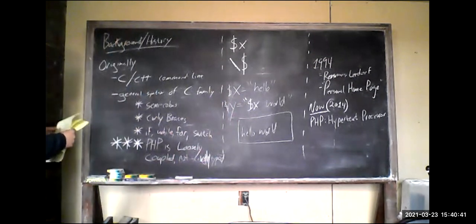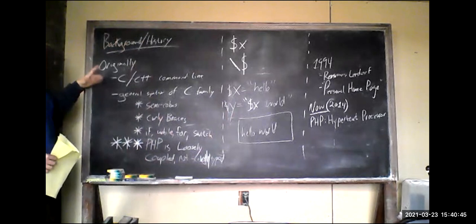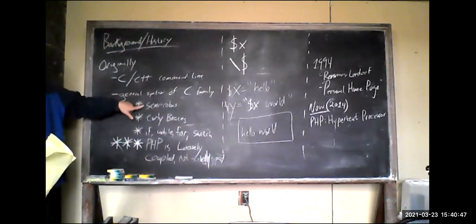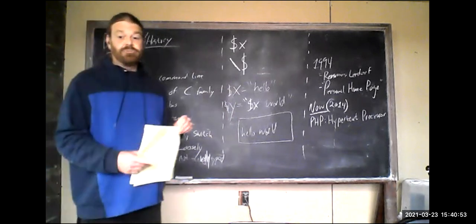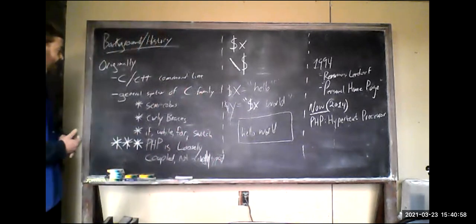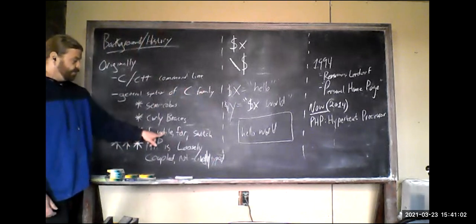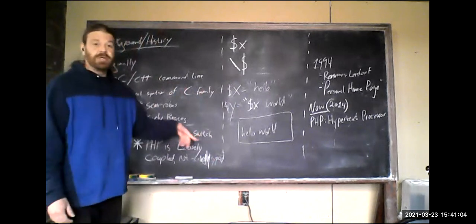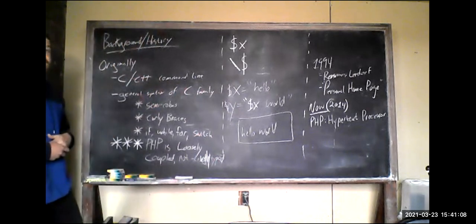But this is the main part for the background here. The C family, so that means every single instruction we pass to the computer needs a semicolon. And we need curly braces to wrap our instructions together, keep them connected. If, while, for, and switch are going to be the standard C family syntax.